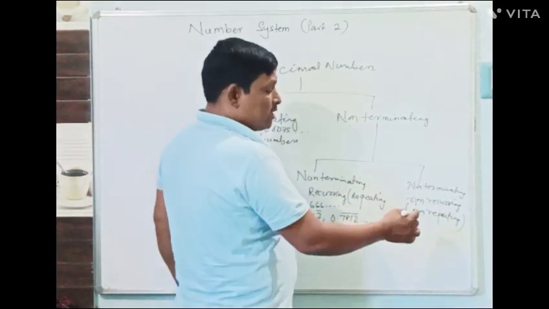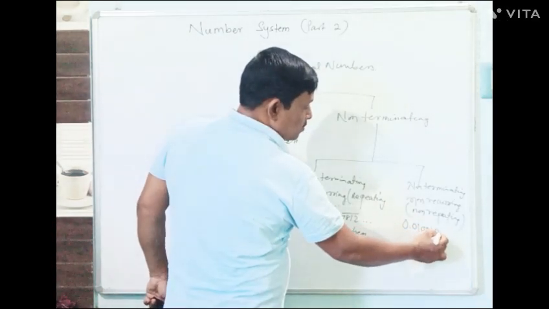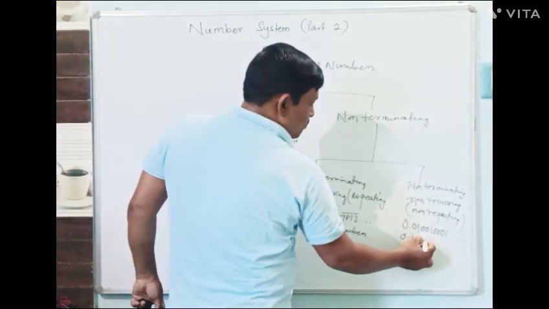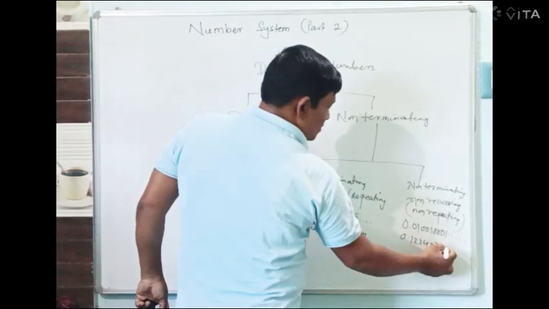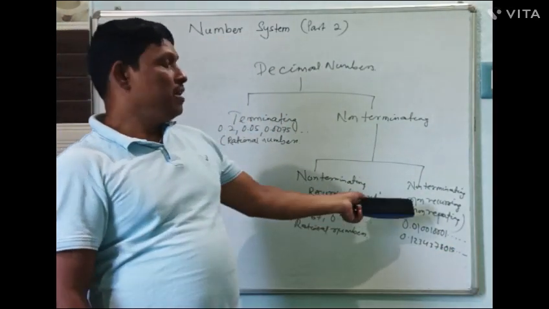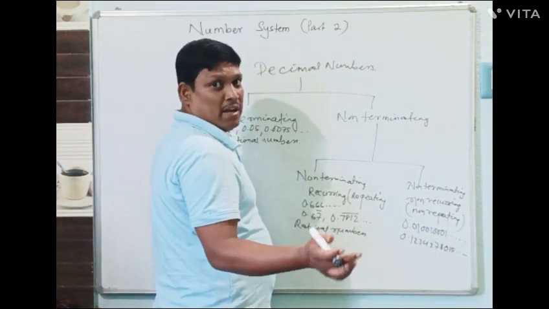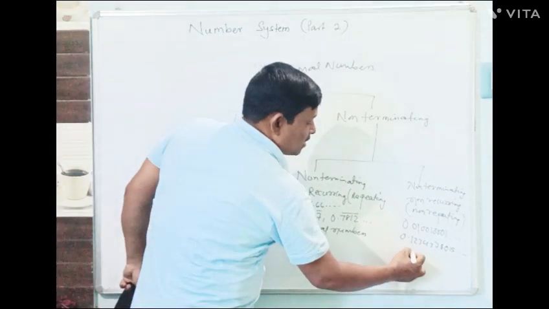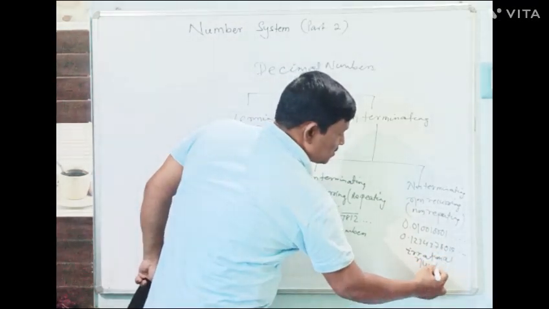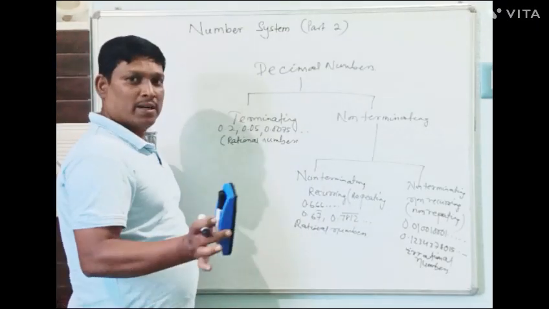But non-terminating, non-recurring, like 0.01001000 1 and so on, or 0.1234378015 and so on, cannot be converted into p by q form, and these are called irrational numbers. So non-terminating, non-recurring numbers are the irrational numbers. Understand?